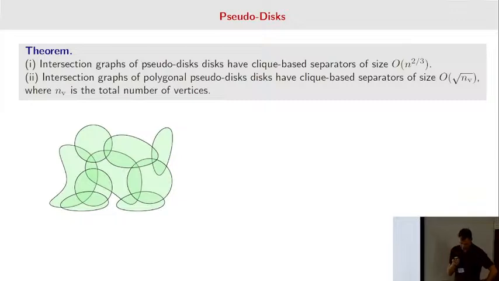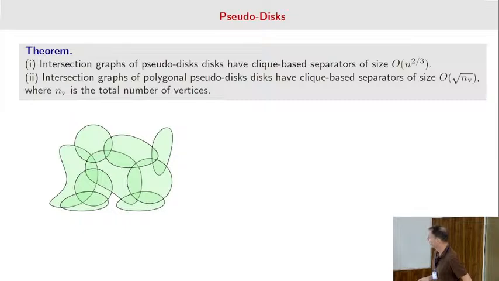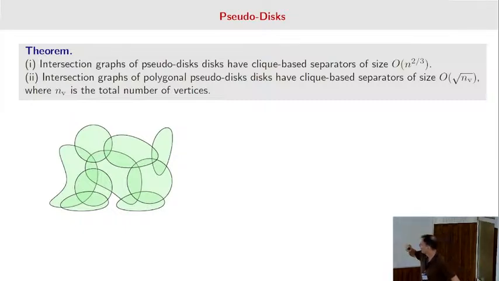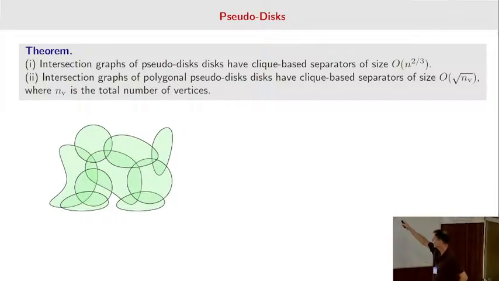Pseudo disks. So this is a very nice open problem for you to work on. In general, the bound that we can get on the size is n to the 2/3, and the weight is n to the 2/3 log n.